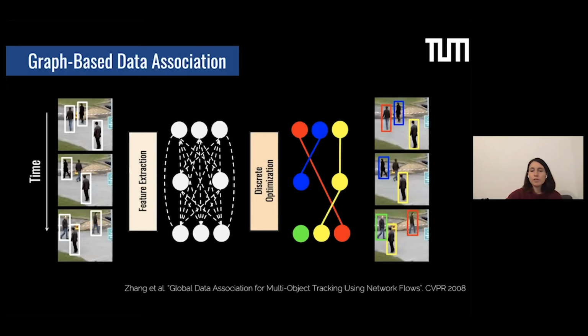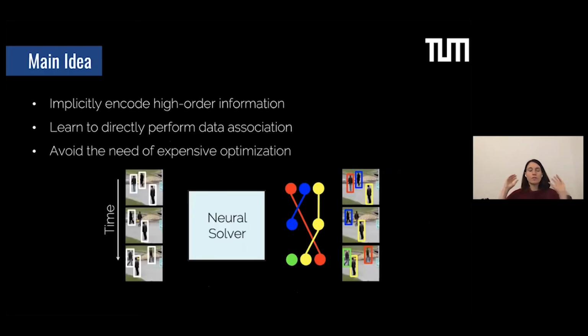And what we wanted to do now was to switch this paradigm a little bit and say, can we go from detections to trajectories and perform this feature extraction step directly together with data association, right? So first of all, we want to encode this high order information that the graph has and that the separate feature extraction cannot have.